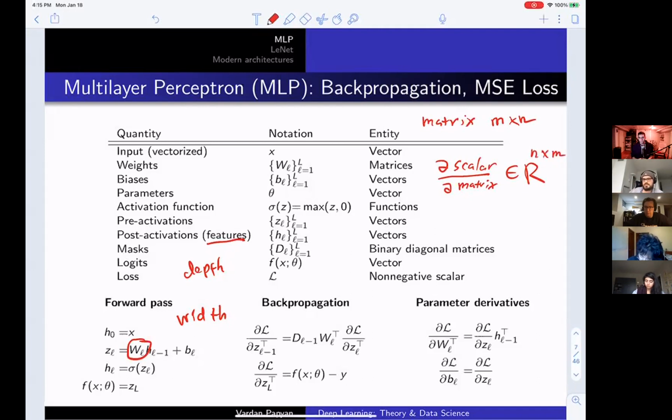And that's the convention that is being used in all of these equations. So for example, when I write here derivative of the loss with respect to Z transpose, Z transpose is a row vector. And so if you differentiate a scalar with respect to a row vector, you get that this is a column vector.